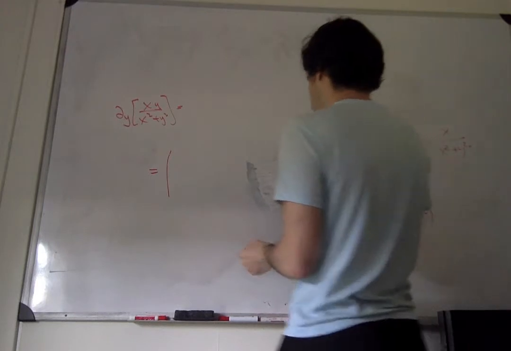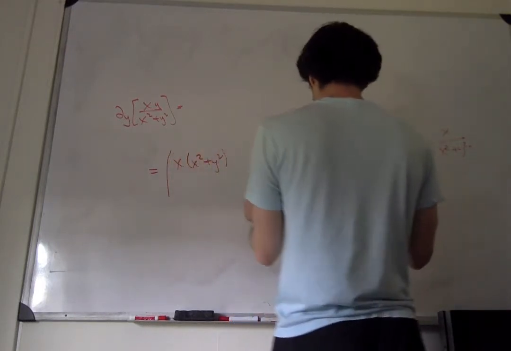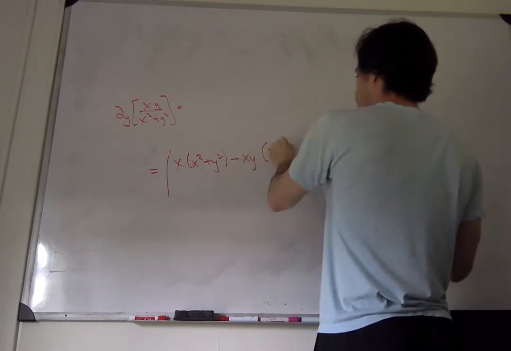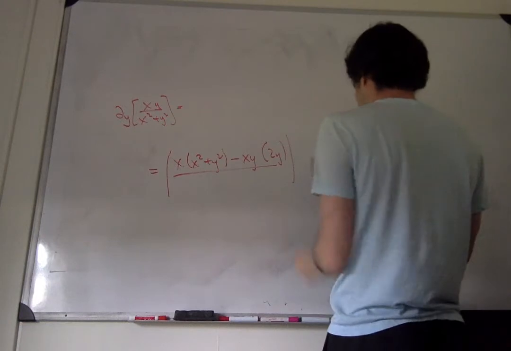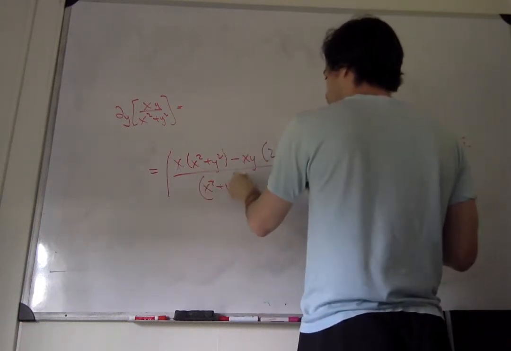By the quotient rule, this is x times x squared plus y squared minus xy times 2y divided by x squared plus y squared squared.